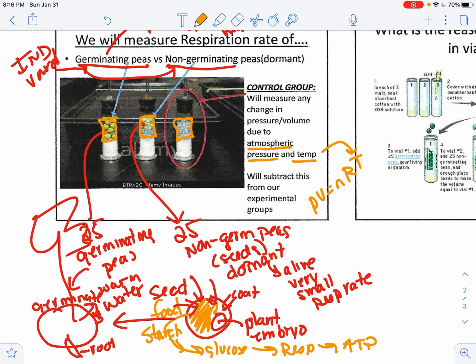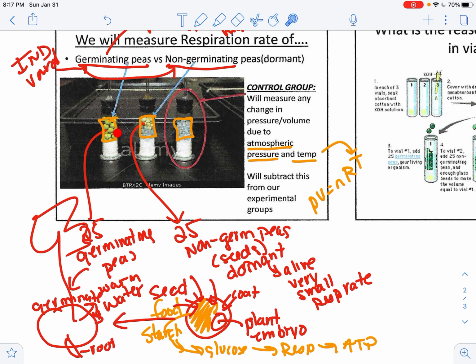And we need to be able to see, well, what if in this one with just the beads, I dunk this in the water and the water moves in by 0.2 milliliters? Well, that's not because respiration's going on. It's because maybe the temperature changed or the atmospheric pressure changed, just in the room or in the water bath.